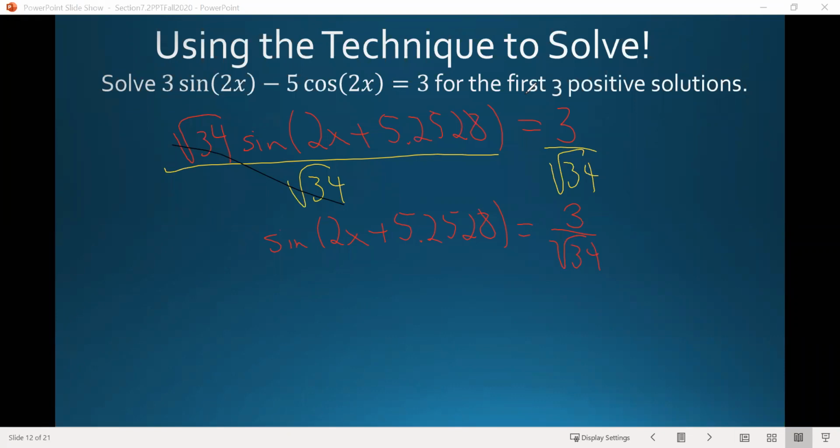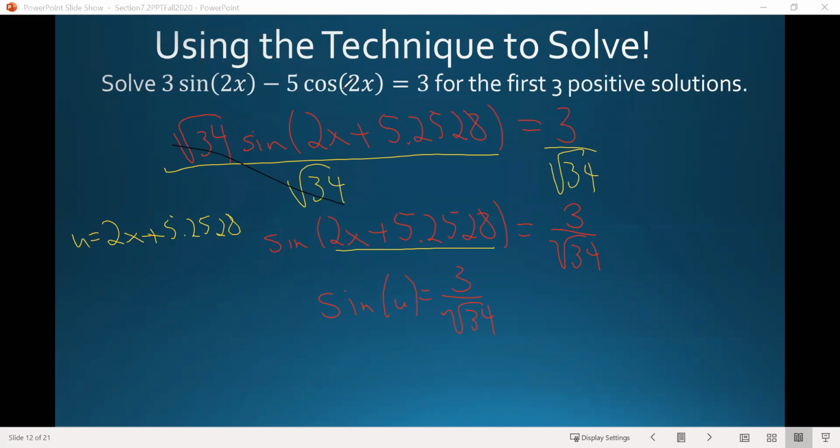I'm going to now use u substitution. So let's say u equals 2x plus 5.2528. So now this becomes sine of u equals 3 over square root of 34.